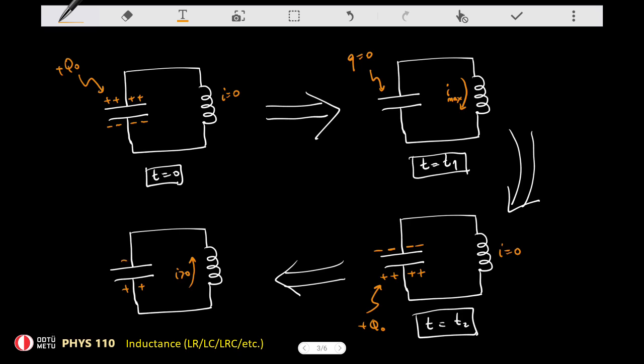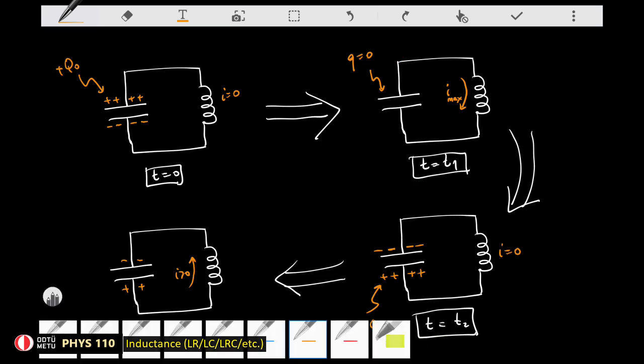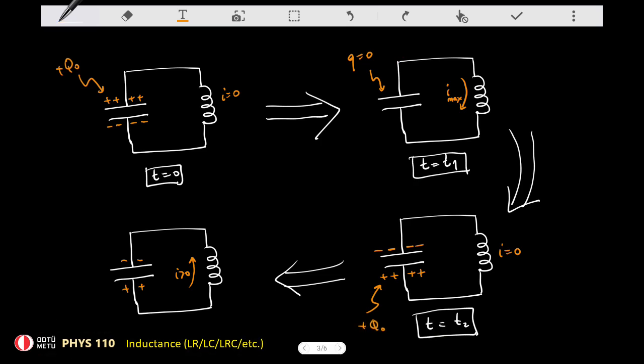And the amount of the negative charge in here will also decrease in magnitude. So this is essentially the same as this kind of situation, except that the directions have changed. So again, this will continue until the charge becomes zero.